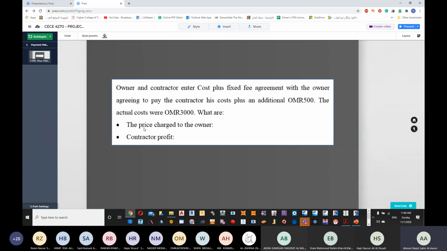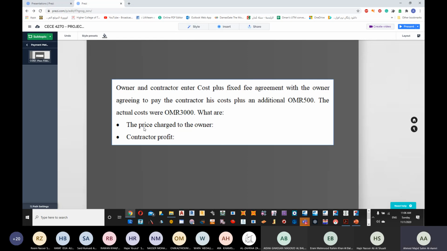Here, when I say the price, does it include a profit? How much is the owner going to pay? Shall I pay the 3,000 for the facility or for the project?